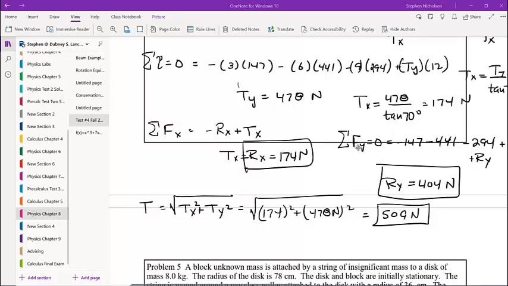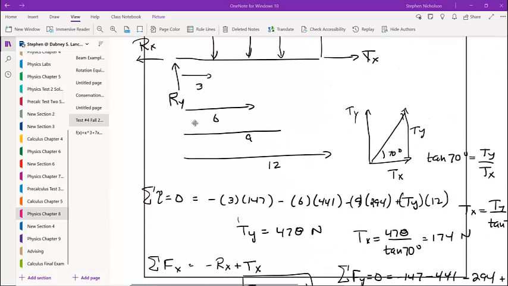Then you can sum the forces in the y direction. So you've got the two masses and the weight of the beam going down. You've got T sub Y going up from the cable, and you've got R sub Y either going up or down. I assumed it's going up.